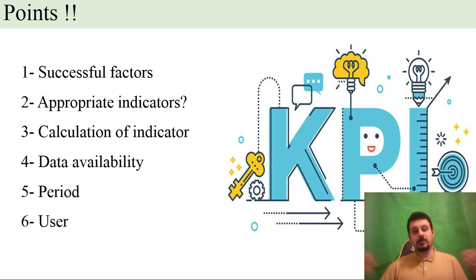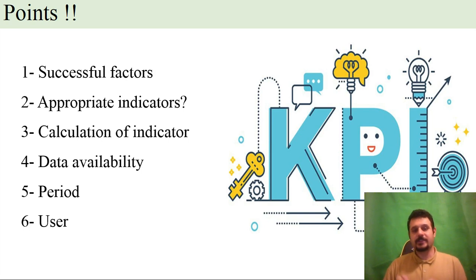But the cycle time of the process is not a good KPI for us, because after that we can't make a decision or create an action plan to improve the processes. We should find the exact activity that we want to control and that can probably lead to some problem in our organization. We name this a successful factor.